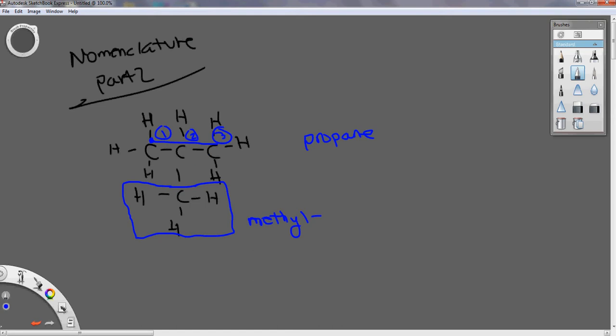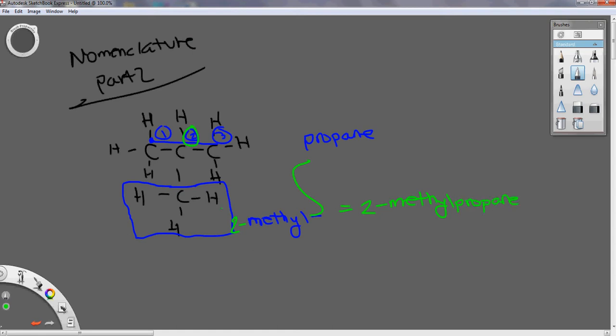In this case, it's the number 2 carbon. So it is called 2-methyl. And then the only thing that's left is to just put it all together into 2-methylpropane.